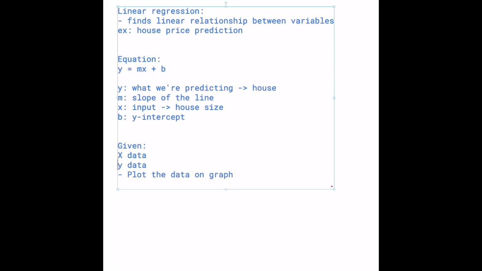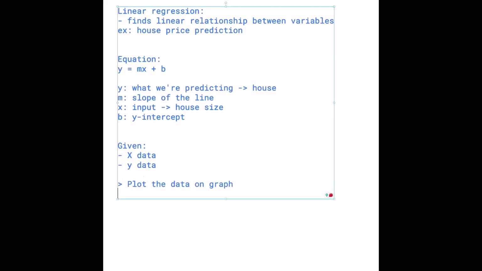Actually, let's do this. So we plot the data on the graph, and then essentially we're trying to find the best straight line through the points. So in other words, the line of best fit.